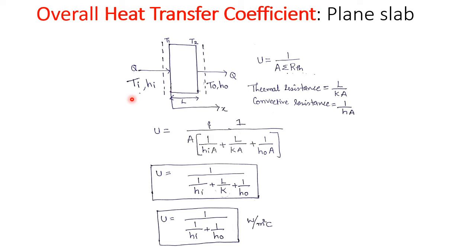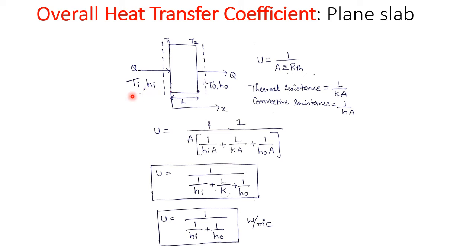Heat transfer occurs from the hot fluid to the left side of the slab by convection with convective heat transfer coefficient Hi. Heat is flowing from the left side of the slab towards the right side.